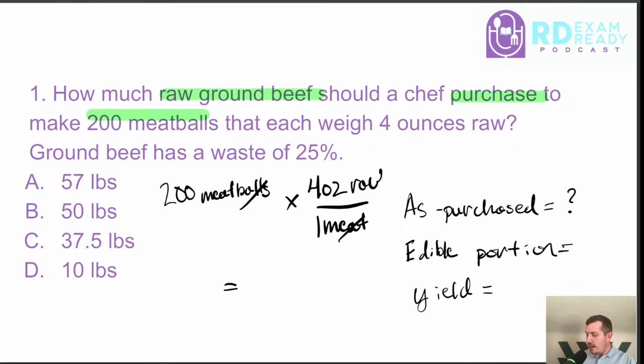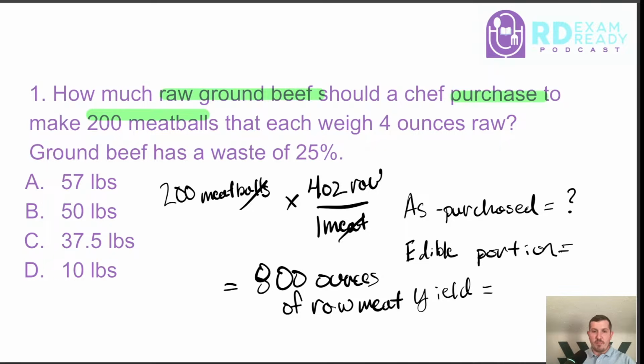When I do that, I'm going to get 800 ounces of raw meat. Okay, so hopefully you can kind of see that there. 800 ounces of raw meat is what I'm requiring.